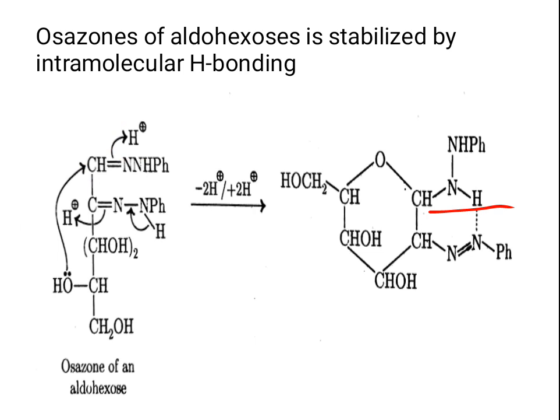This NH forms a hydrogen bond with the nitrogen which is attached to the phenyl ring. That means this nitrogen and the proton attached to this nitrogen make a hydrogen bond. So you will get an intramolecular hydrogen bonding. Because of this, the phenyl osazones are stabilized.